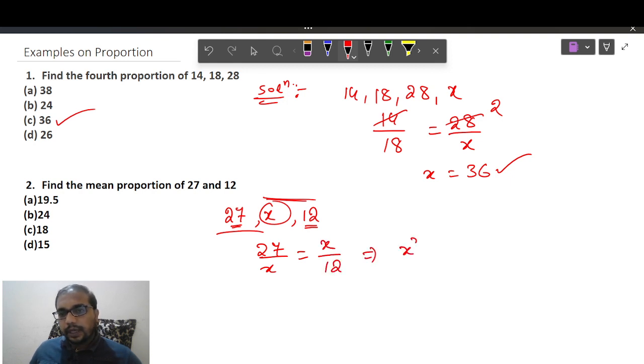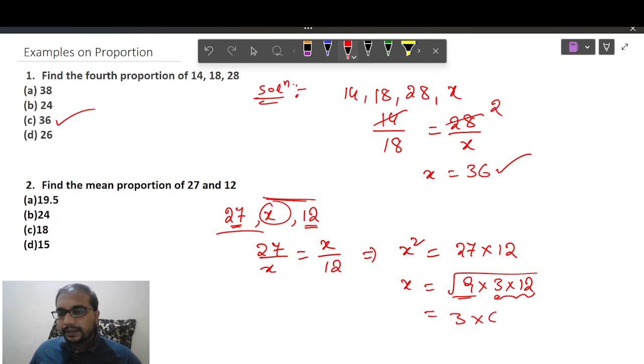X square is equal to 27 into 12. Can I write x is equal to under root 9 into 3 into 12? Under root 9, you know that is 3. Under root 36 is 6. So the answer is how much? 18.